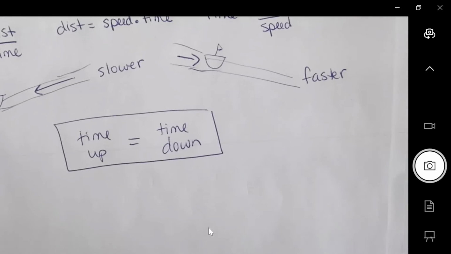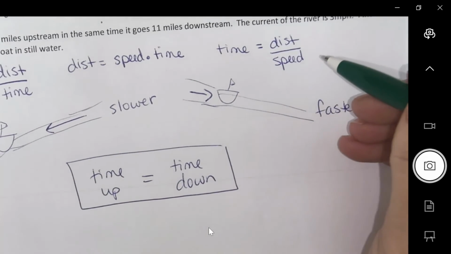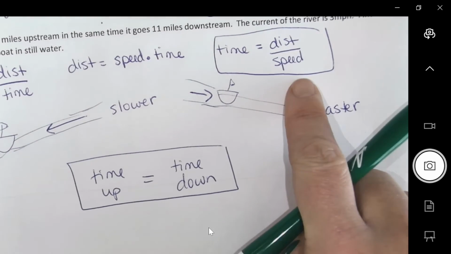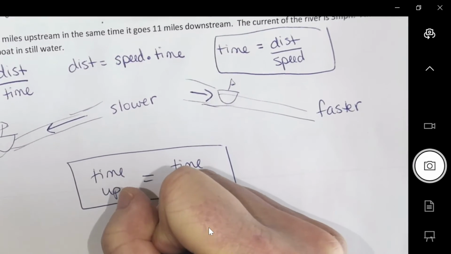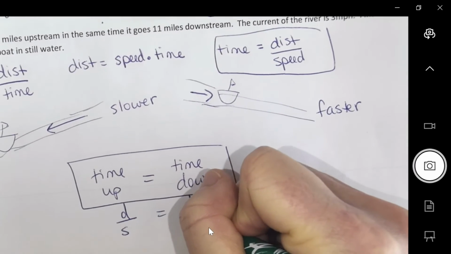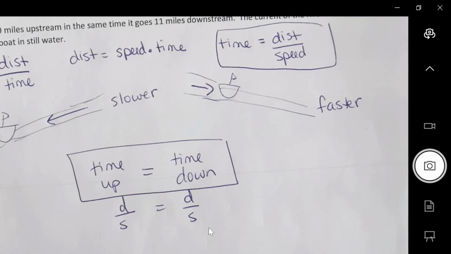Okay, now I'm going to use this formula, time. So distance over speed. I'm going to be using the distance over speed.